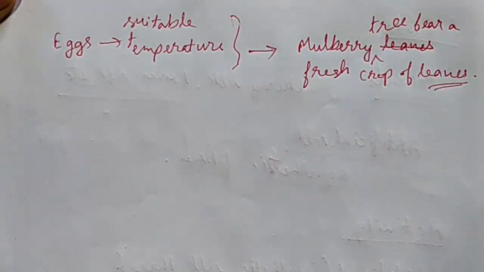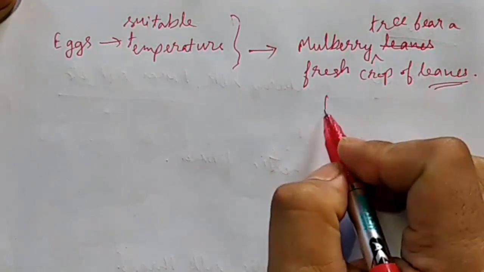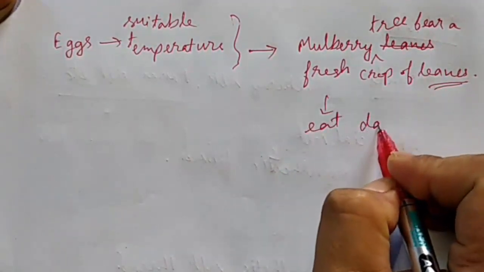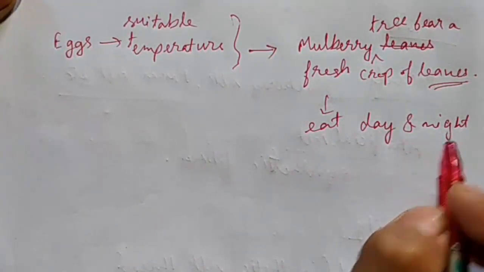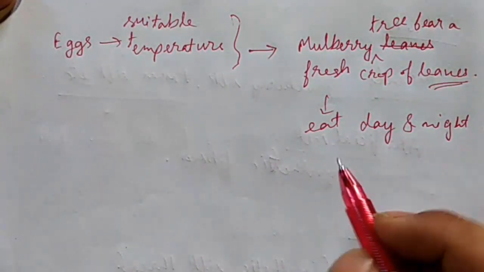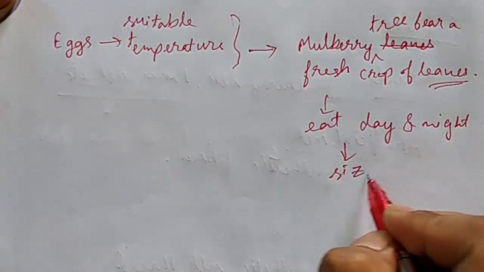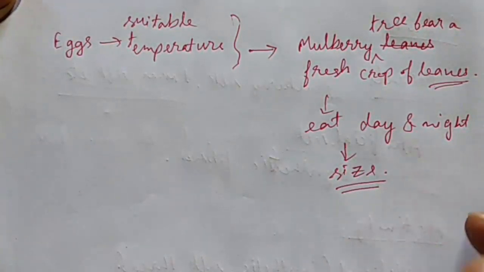The larvae, also called caterpillars or silkworms, eat day and night and increase enormously in size. The larvae are kept in clean bamboo trays along with freshly chopped mulberry leaves.